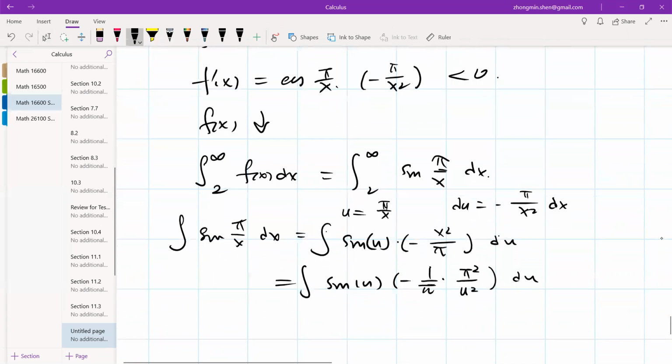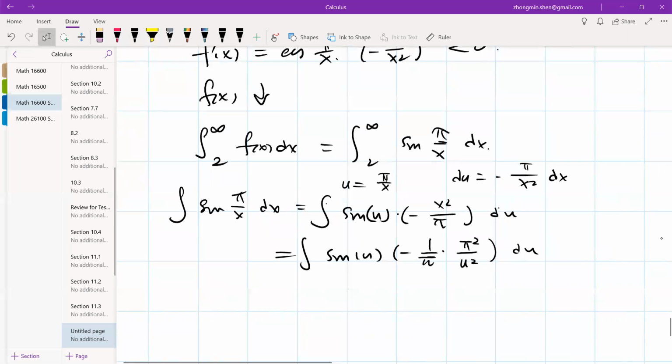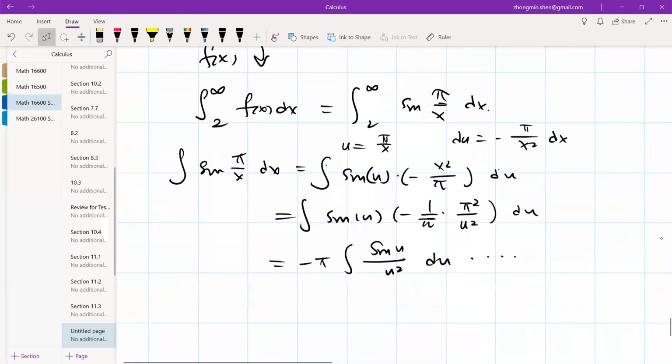So you have to evaluate the integral of u and the sine. And that's almost impossible, I would say. Right? Not a good idea using the integral test. So you have to make a choice. Okay? It's a bad idea, right?